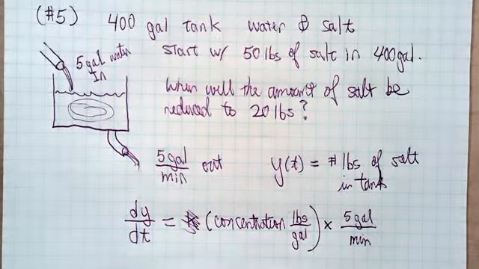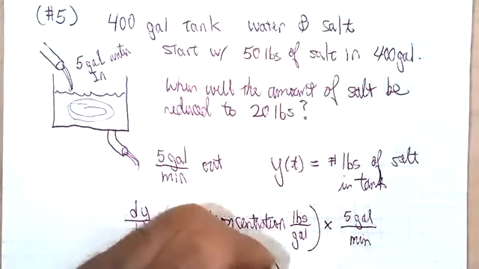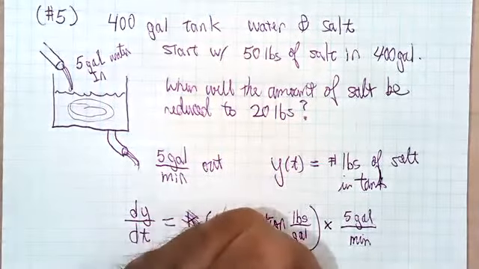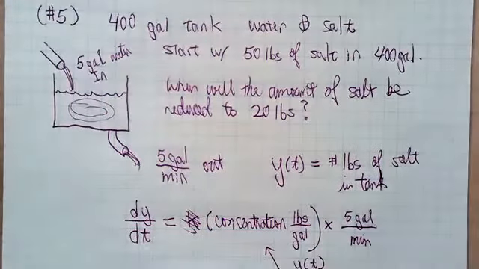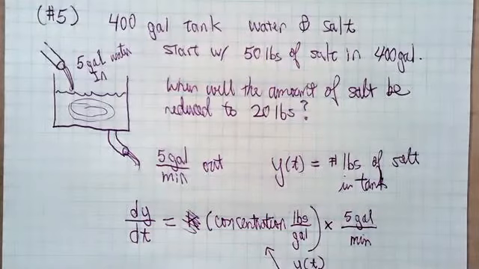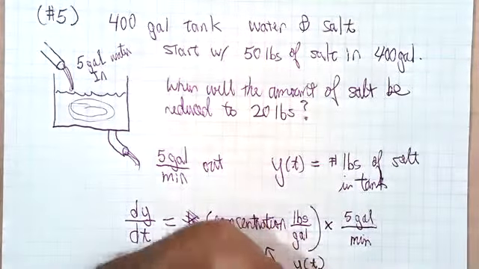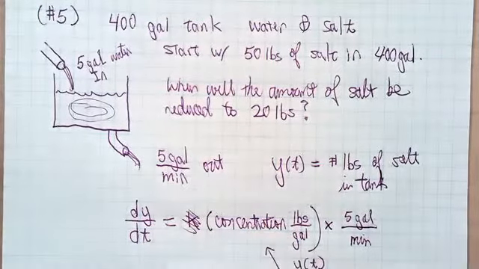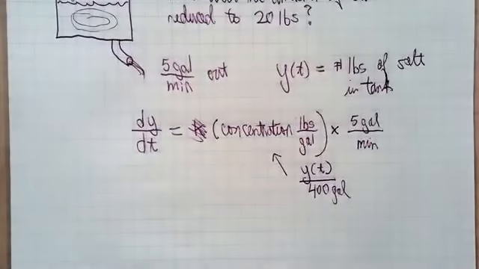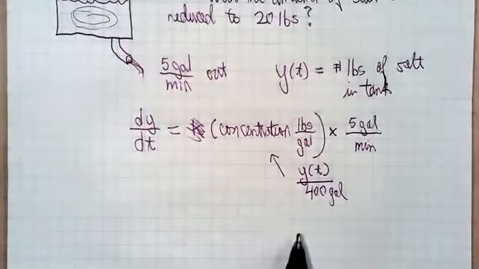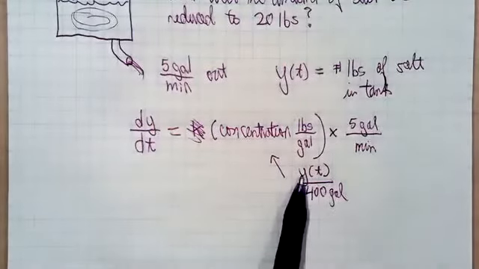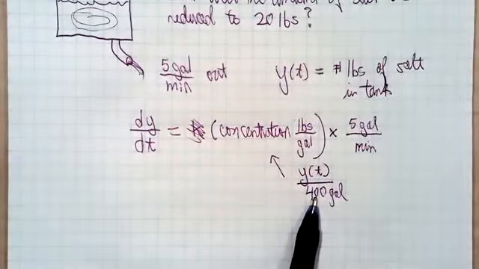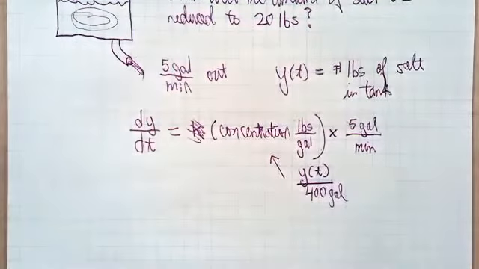Now, this concentration is simply the amount of salt in the tank divided by the 400 gallons, that's the volume of the tank. So the concentration is y of t over 500 times 5 gallons per minute.